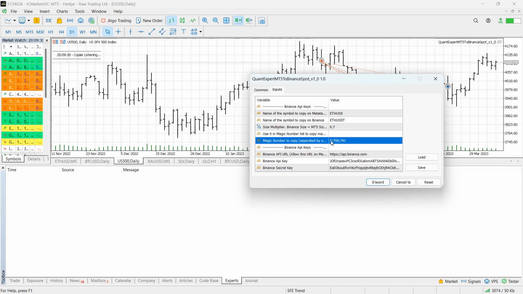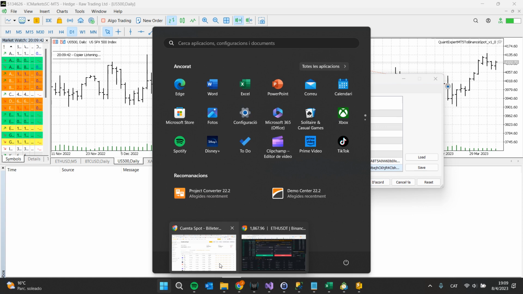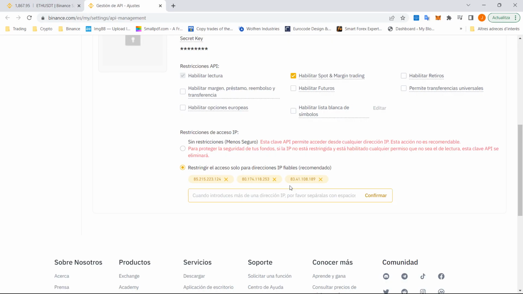Next are the magic numbers you want to copy, separated by semicolon. 0 is for manual trades. And next are the API keys. The URL is always the same, and here you have to enter your API keys. The key must have spot and margin trading enabled.